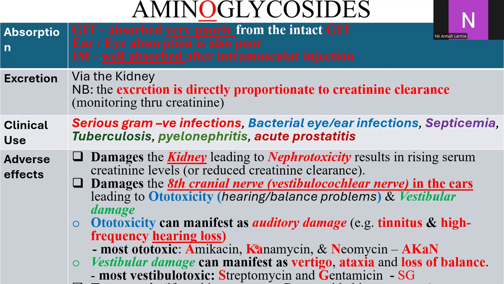One way I used to remember this is that ototoxicity is the shorter damage problem, and it has the longer acronym, whereas vestibular damage, the longer damage problem or adverse effect, has the shorter acronym.